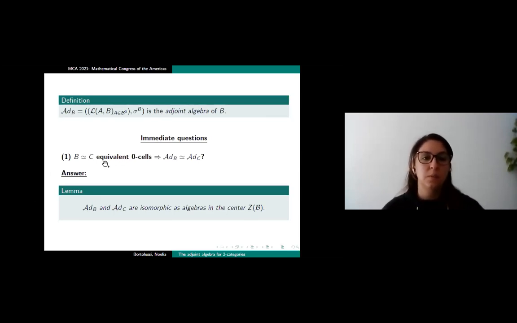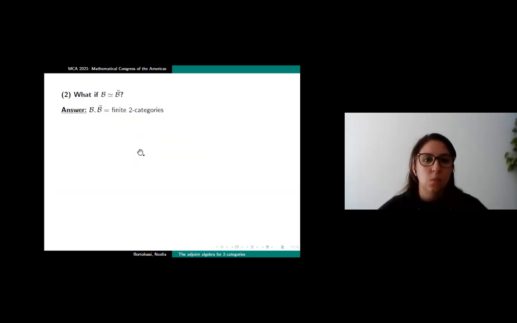Maybe a harder one is what happens if you take B and B tilde to be two categories, and you have two equivalences between them, and you compute both adjoint algebras for the two categories. So what happens with the adjoint algebras?